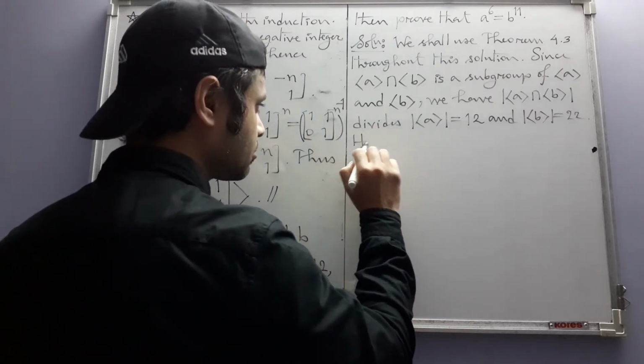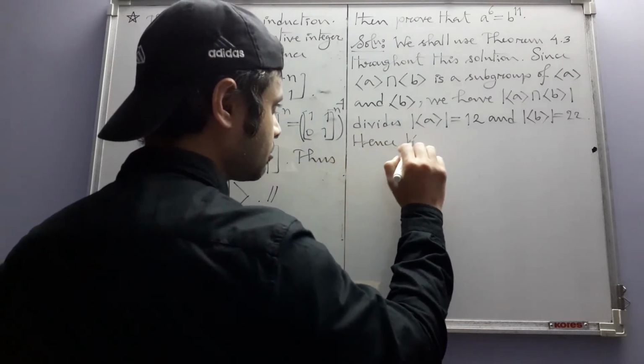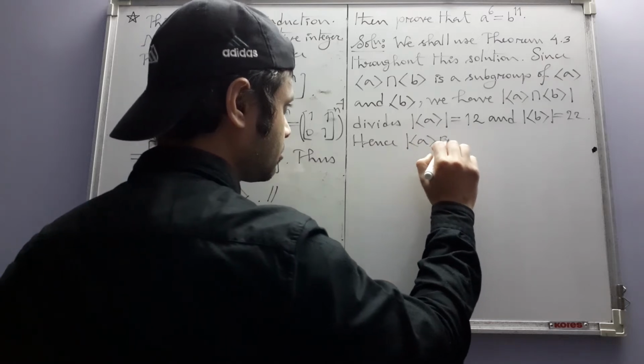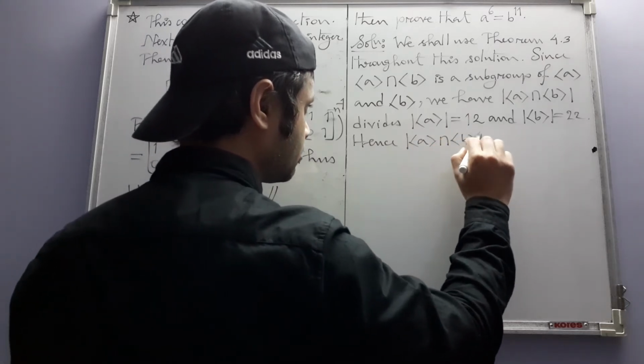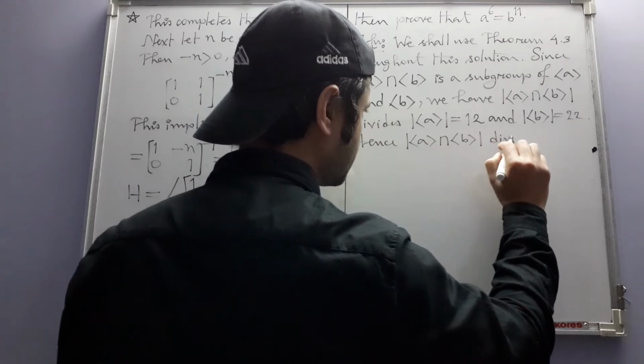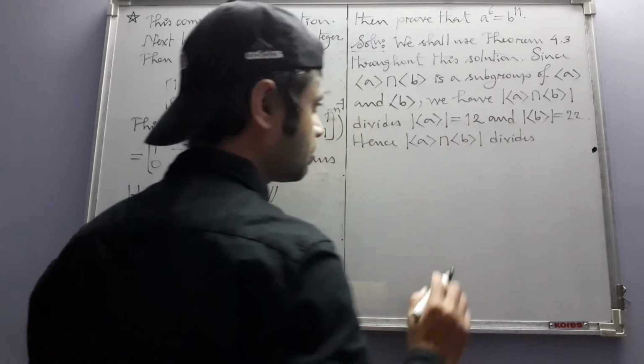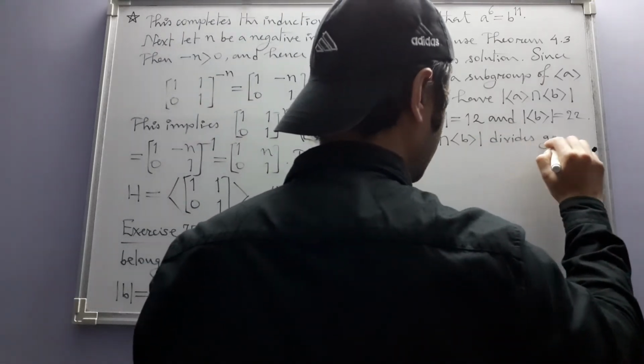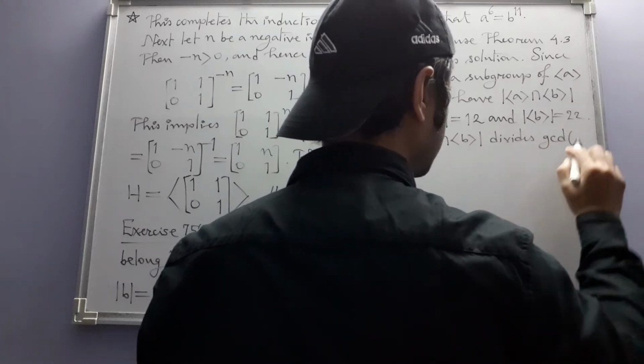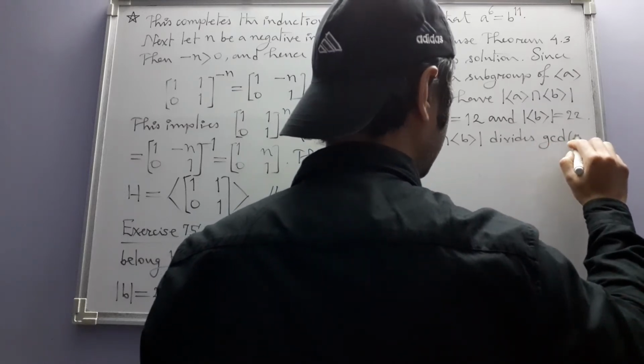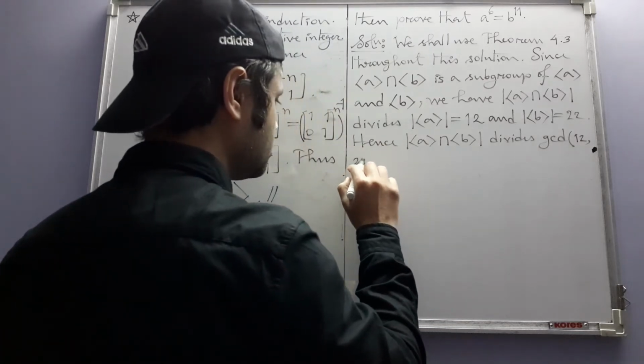Hence, this divides the greatest common divisor of these two integers, 12 and 22, which is 2.